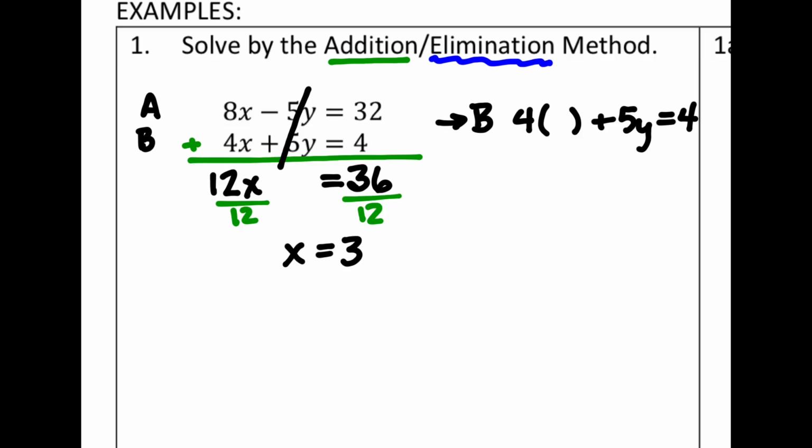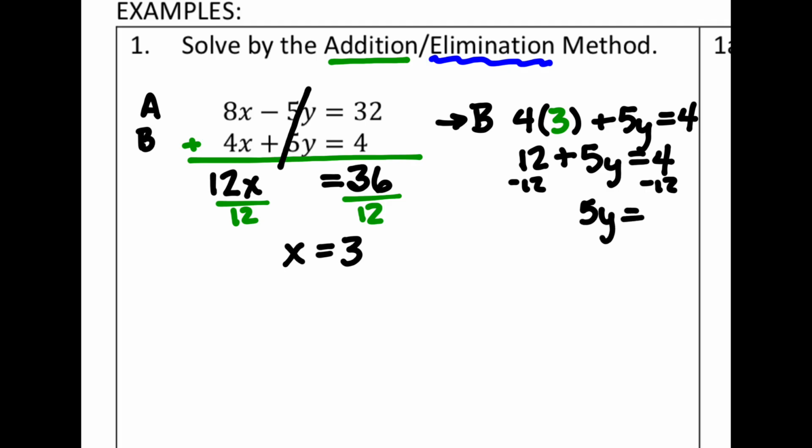X we just found was 3. So 12 add 5y equals 4. Let's minus 12 from both sides. And we get 5y equals -8. Divide by 5, and we get y equals -8/5.